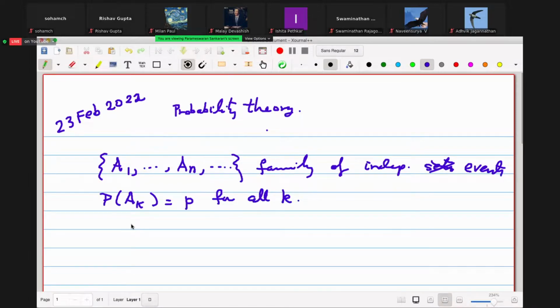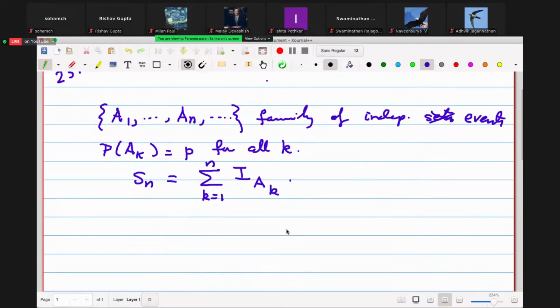And what was the statement? So Sn is the sum, k going from 1 to n, of the indicator function of Ak, right? And so we wanted to compute this. So what is Sn of omega? This is what I want to say.